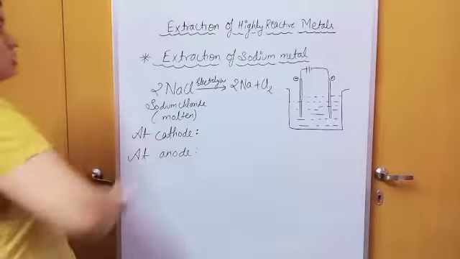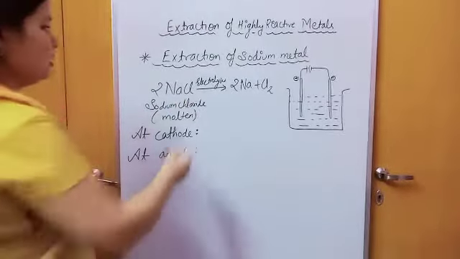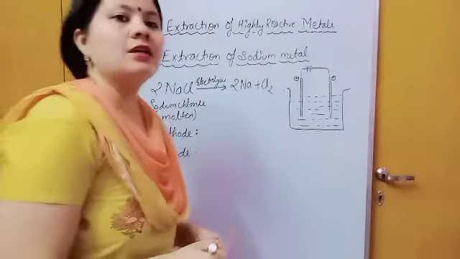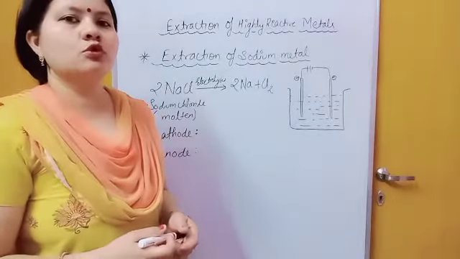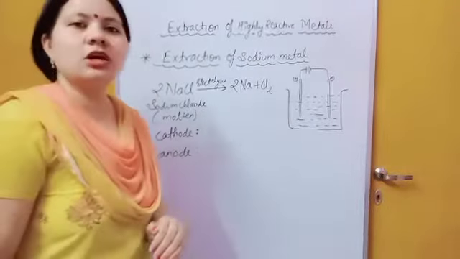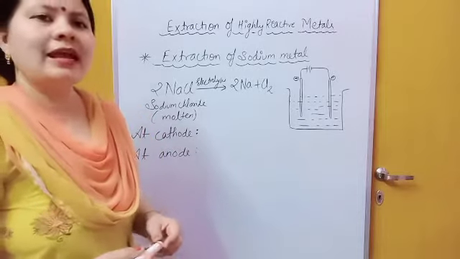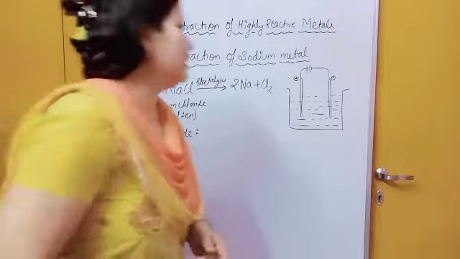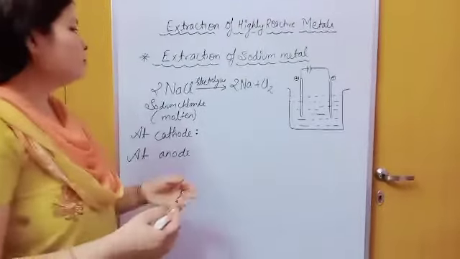Remember one thing: in solid state, NaCl is a poor conductor of electricity. Why? Because the force of attraction is very strong. It's a crystalline solid, positive and negative charges attract each other. That's why in solid state NaCl, or any ionic compound, is a poor conductor of electricity, but it is a very good conductor in molten or aqueous state.